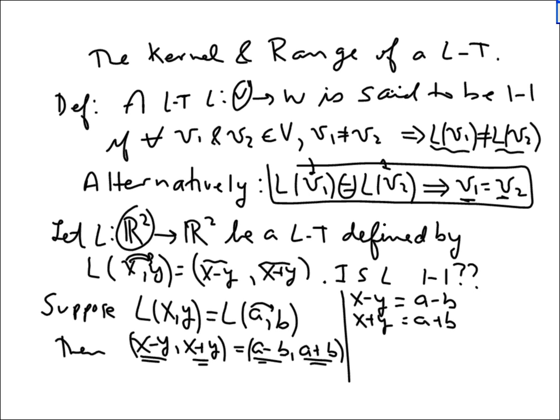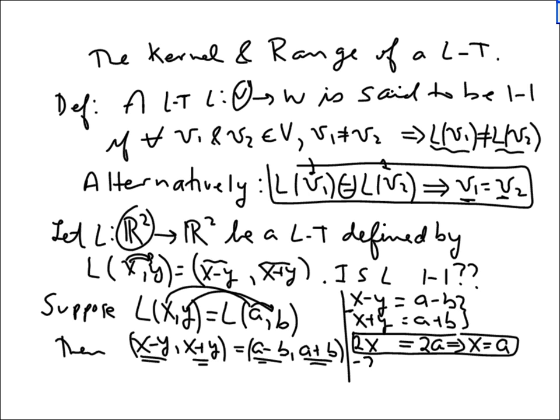Now, we want to conclude that x is a and y is b. Well, if I add these two together, I get 2x equals 2a, which implies x is a. Now, if I subtract them, x minus x is 0, and I get negative 2y equals negative 2b.